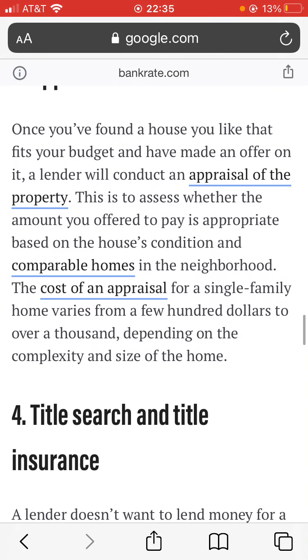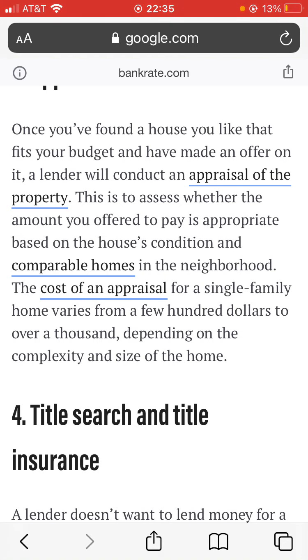And the appraiser's opinion is very, very important in this process, because the bank is going to lend you pretty much, say if you're doing conventional, up to say 80% of the value of the home, or LTV, loan to value.